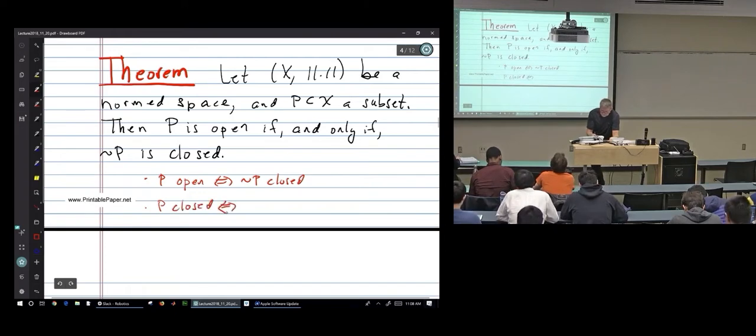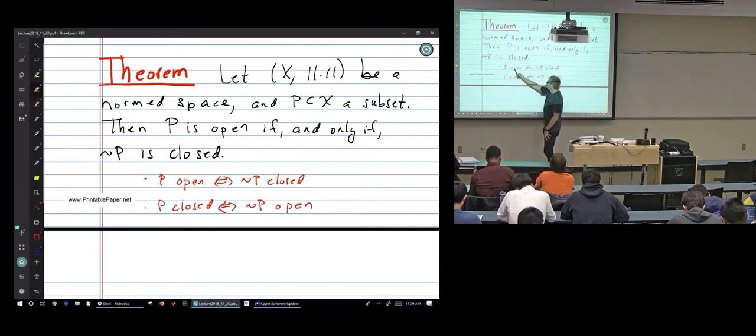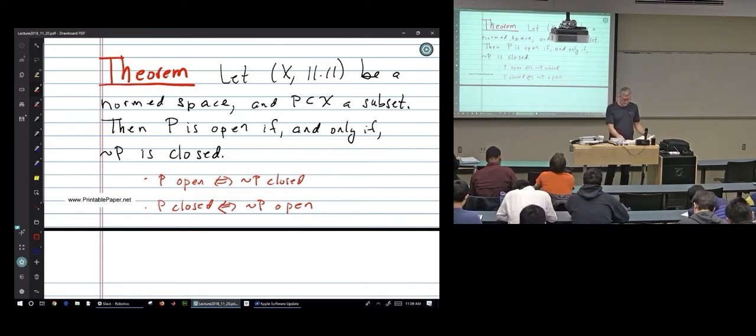Just by replacing P with its complement, you get the opposite: P closed if and only if its complement is open. So the complement of an open set is closed, and the complement of a closed set is open. Okay, so let's just prove that with our distance characterizations, and then we'll see if we really can piece all this stuff together.